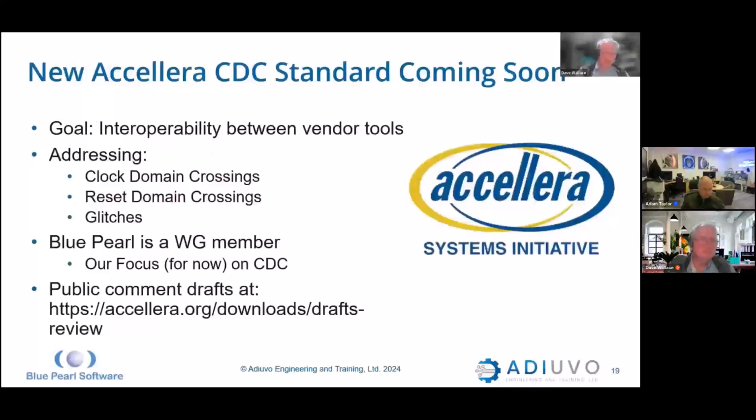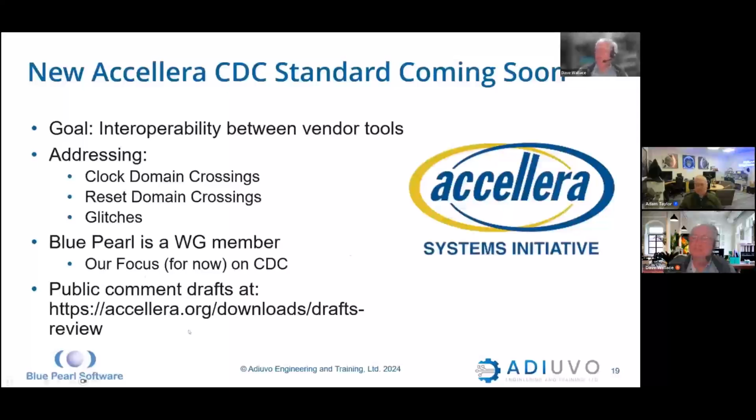So there is a new standard coming out that we have been participating in at Blue Pearl. This is from the Accellera Systems Initiative, a cooperative between multiple companies. And the goal here is to try and drive interoperability between vendor tools, so that if somebody doing IP design uses one tool to do their CDC analysis, you can use the output from that CDC analysis in a CDC of the larger design and have the information standardized in a way that the two tools can cooperate.